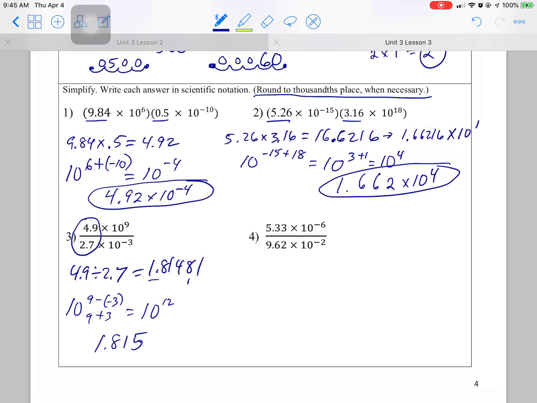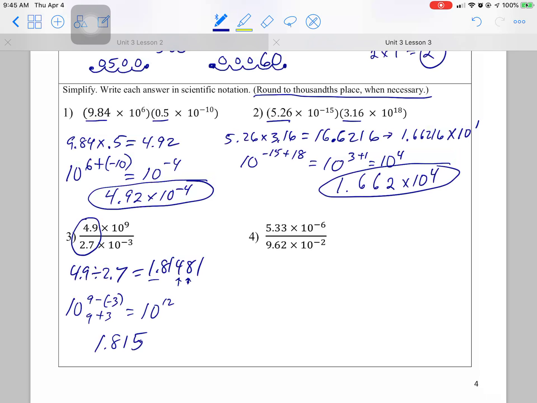We look at the 8 and the 4. 8 is large, so 5 and above, round up. Oh, I don't remember the saying. I'm sorry.